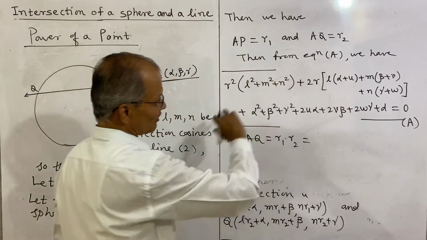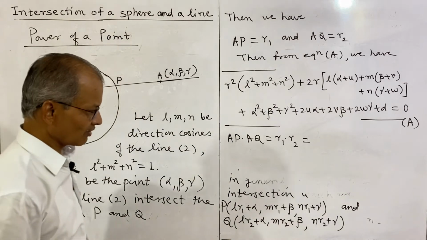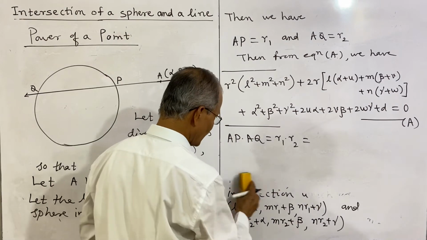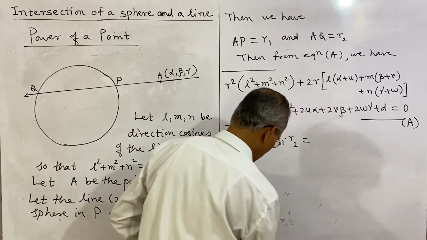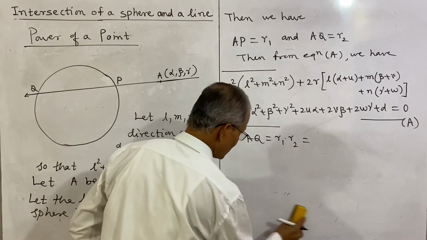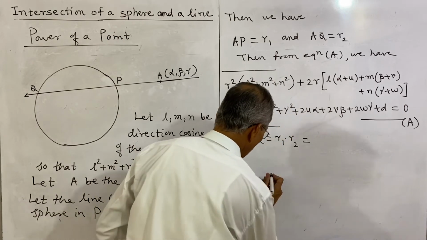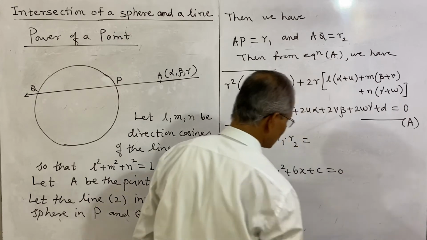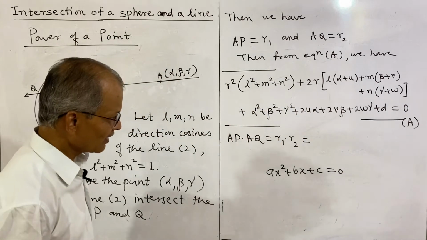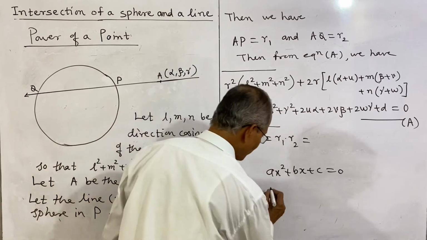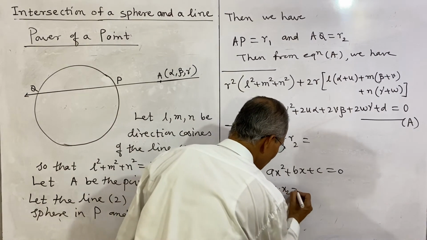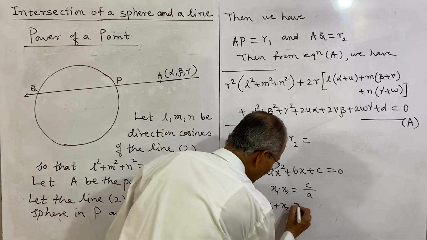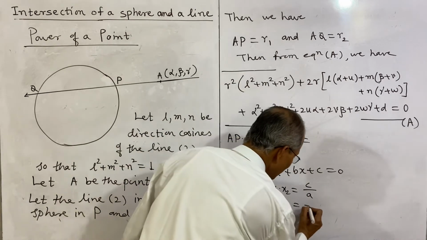And what is the formula for the product of roots in a quadratic equation? See, if we have the quadratic equation ax square plus bx plus c is equal to 0, and it has 2 roots x1 and x2, then x1 into x2 is equal to c divided by a, and the sum of roots x1 plus x2 is minus b divided by a.